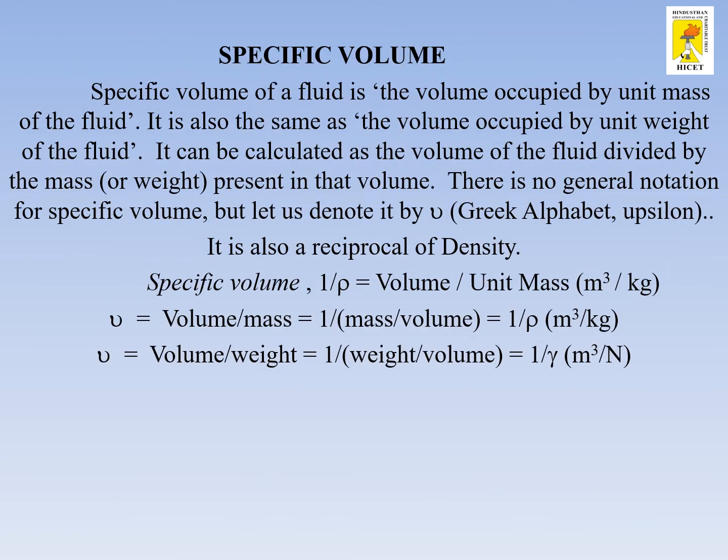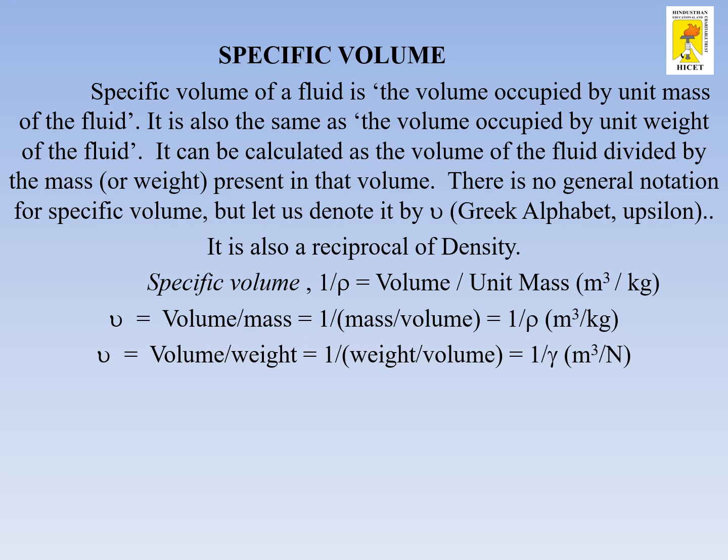The next one is specific volume. Specific volume of a fluid is the volume occupied by a unit mass of the fluid. It is also the same as the volume occupied by a unit weight of the fluid. It can be calculated as the volume of the fluid divided by the mass or weight present in that volume.